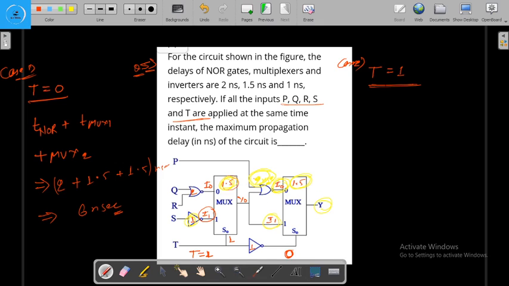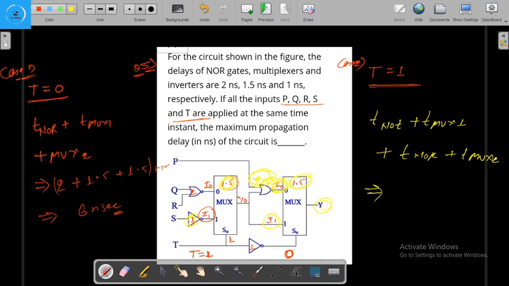So when the t will be equal to 1, for getting the output y, we have to wait for the t of the AND, this t of the NOT or inverter, we can say here it's the inverter or NOT, both are the same, t of NOT, plus t of mux 1, plus t of this NOR, plus t of mux 2.